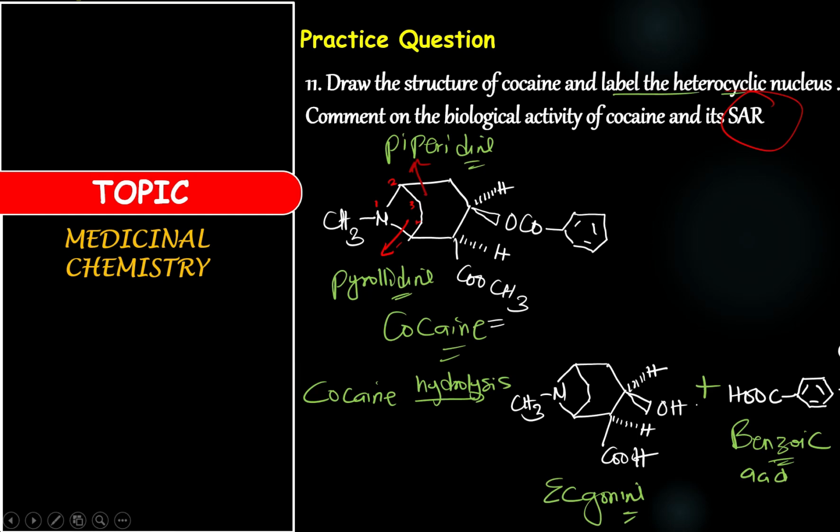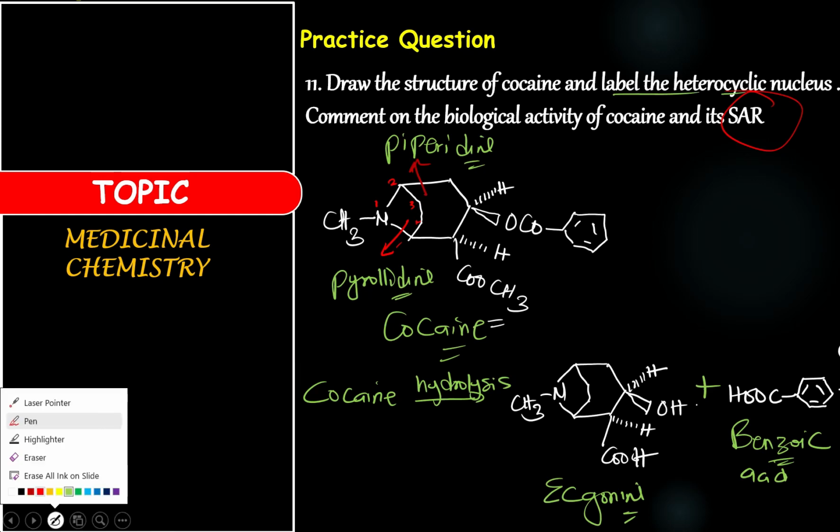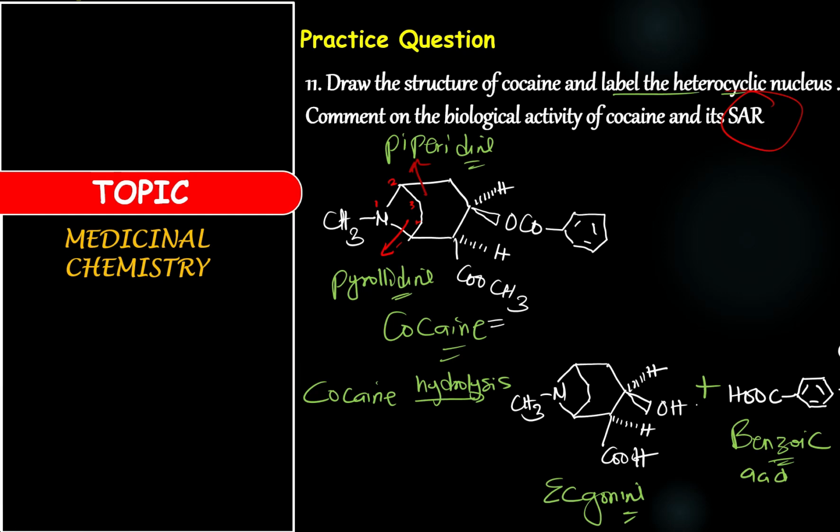Now, the removal of the benzoic group leads to loss of activity. Structural activity relationship. Now, let us look at the structural activity relationship of cocaine. If you remove this benzoyl group from here, it actually leads to loss of activity. Hence, the benzoyl group is important for its activity. Now, there are 3 groups that you can actually remove.